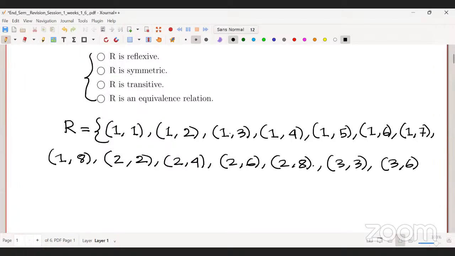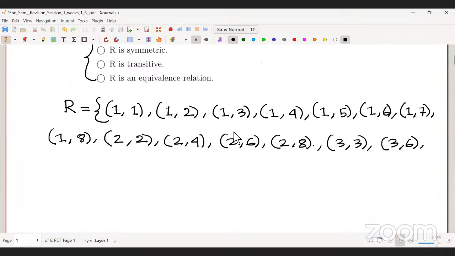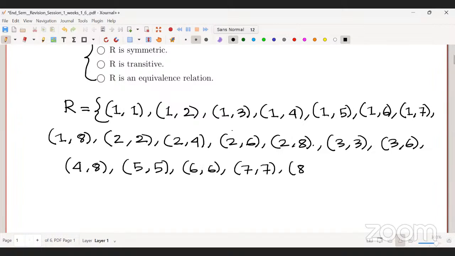Then 4, 4, 4, 8, then 5, 5, 6, 6, 7, 7, 8, 8. So this is my set R.